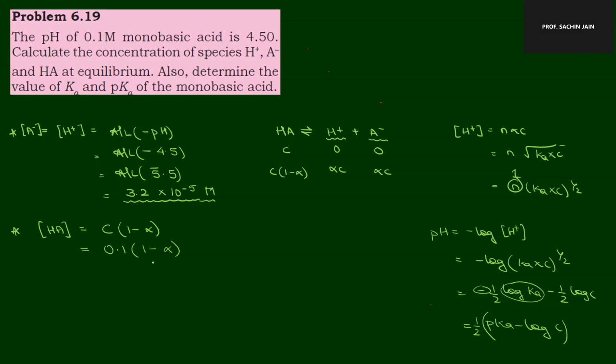How can I get that? Alpha is equal to under root Ka by C. बट आपको Ka भी तो नहीं पता, Ka तो ढूंढना है. So we can find Ka with H plus concentration.